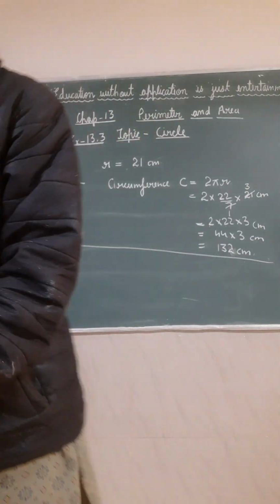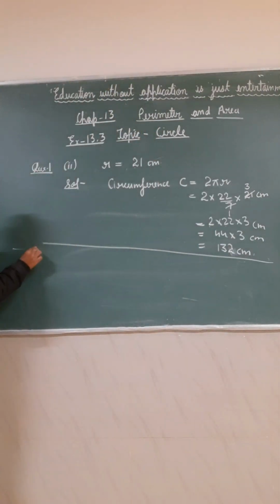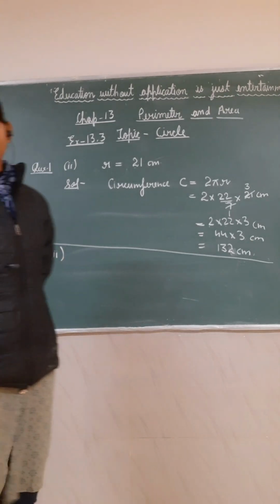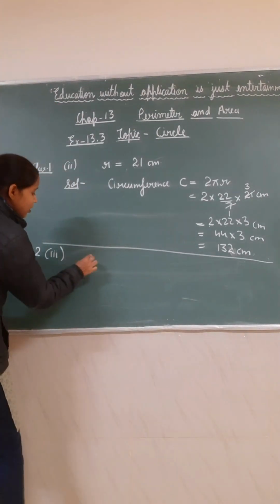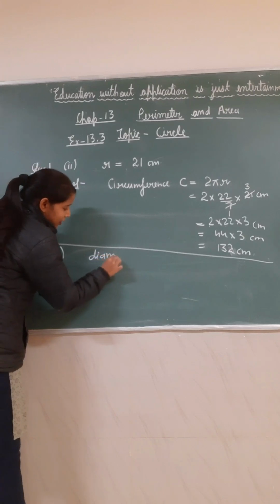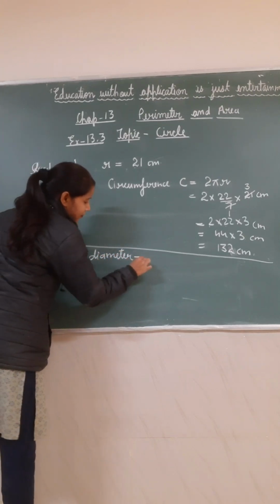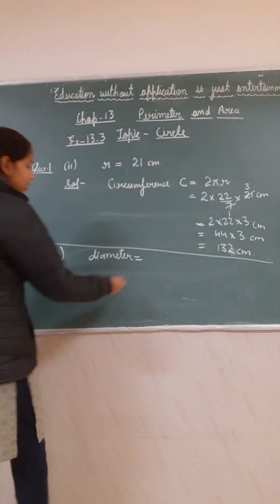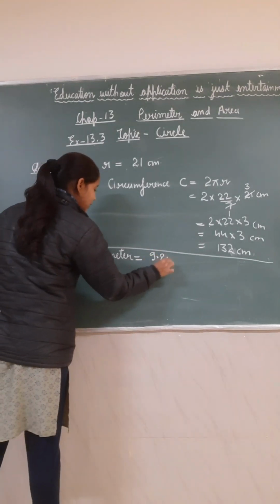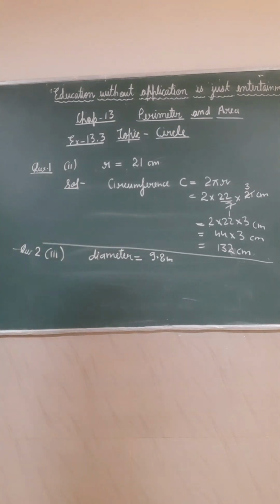Question number 2 part 3 is: find the area of the circle whose diameter is equal to 9.8 meter.